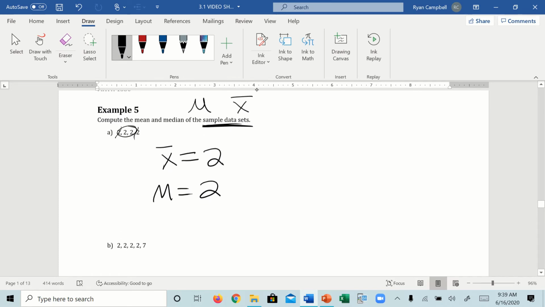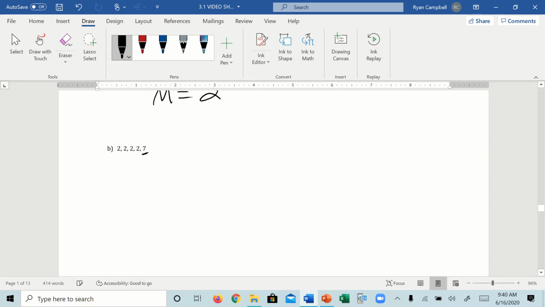All right, now let's assume that only one number is added to this list. So we have all the 2's and we just add one number. We add a 7 to this list. How does that change our data? Well, for finding our mean, it's still going to be x bar, because it's still sample data.